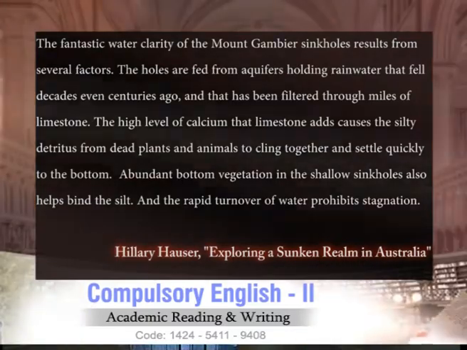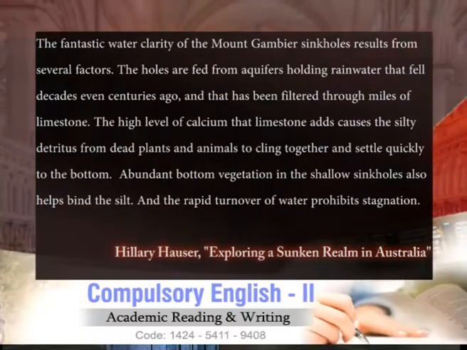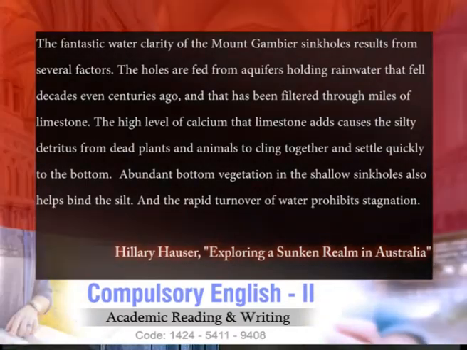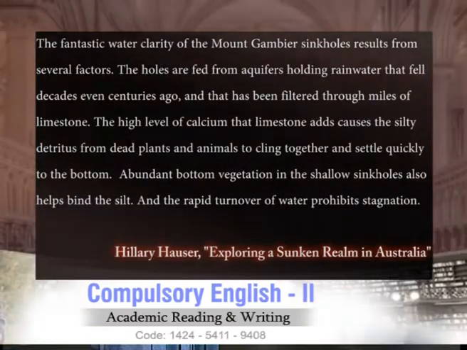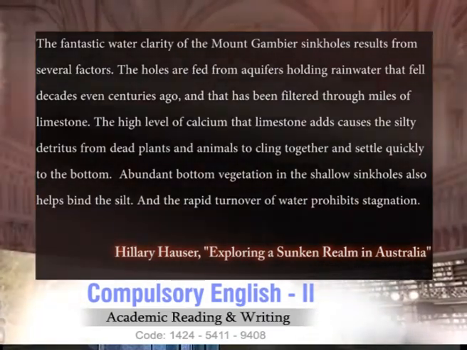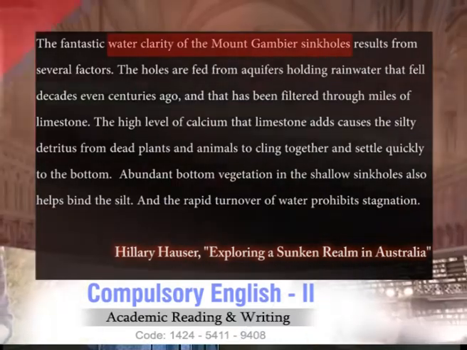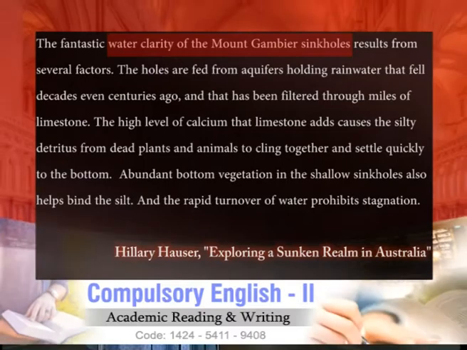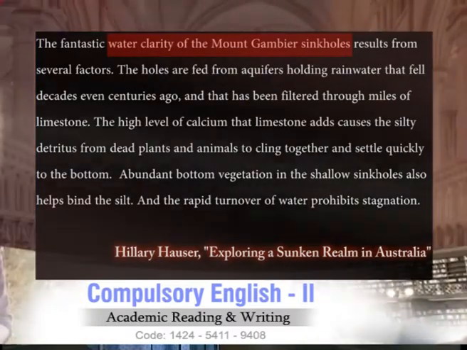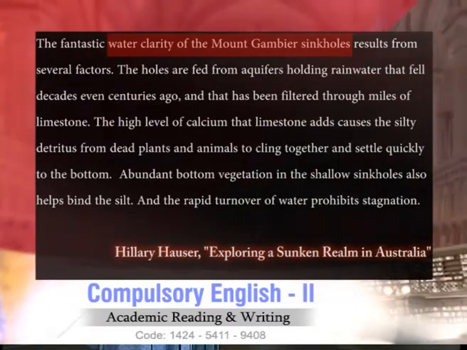Now, if you analyze the paragraph, you see that the writer has started with an effect. The first sentence of the paragraph, that is the topic sentence, mentions an effect, and the effect is the water clarity of Mount Gambier sinkholes. The readers would like to know what has resulted in this water clarity.